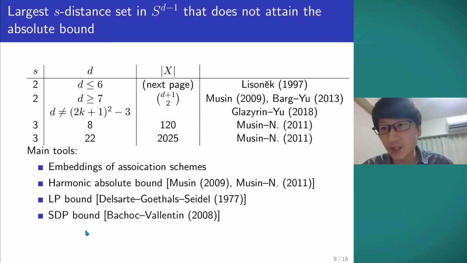For a given inner product in the set, we can give good upper bounds like this. So with good examples of s-distance sets and good upper bounds, we can determine the largest s-distance set.